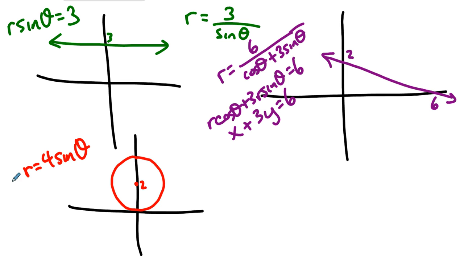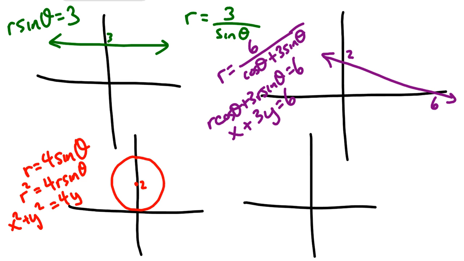Well, why? Well, if you multiply both sides of this equation by r, and then you make appropriate substitutions, r squared is x squared plus y squared, r sine theta is y. This is the equation of a circle.